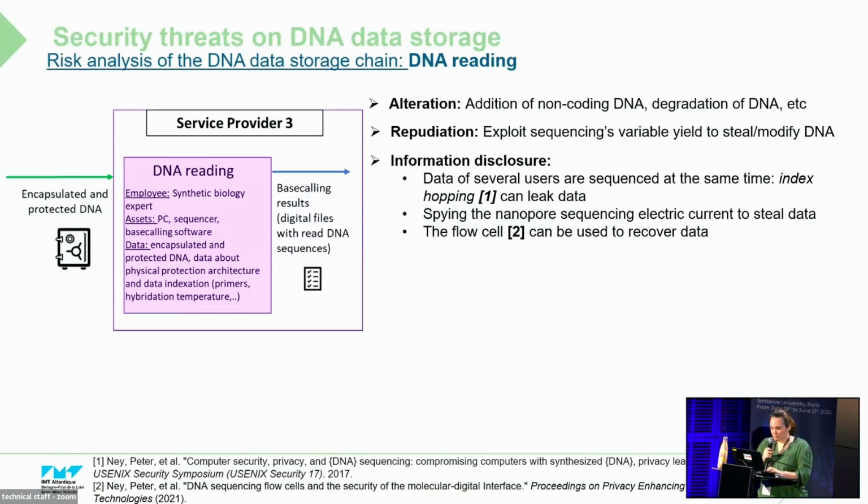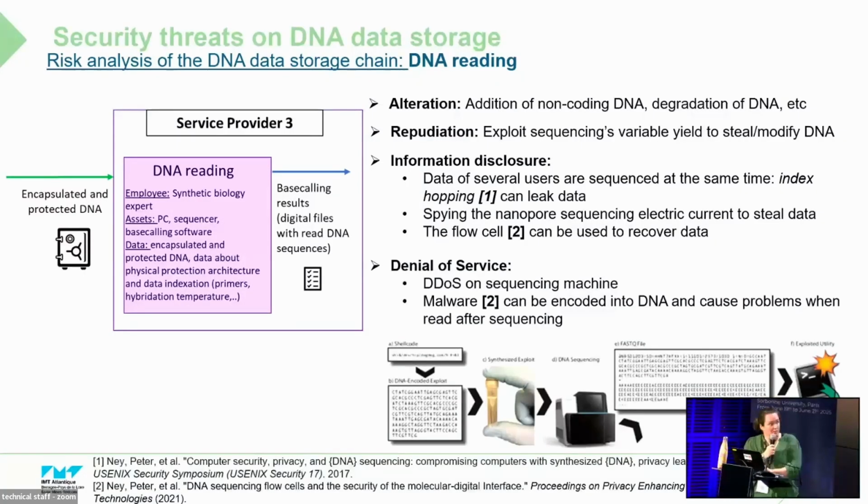In 2021, an article also showed that it's possible to recover the flow cells that have been used for sequencing and are in the trash in a lab, and to recover some DNA that encodes data, and thus recover some sensitive data.